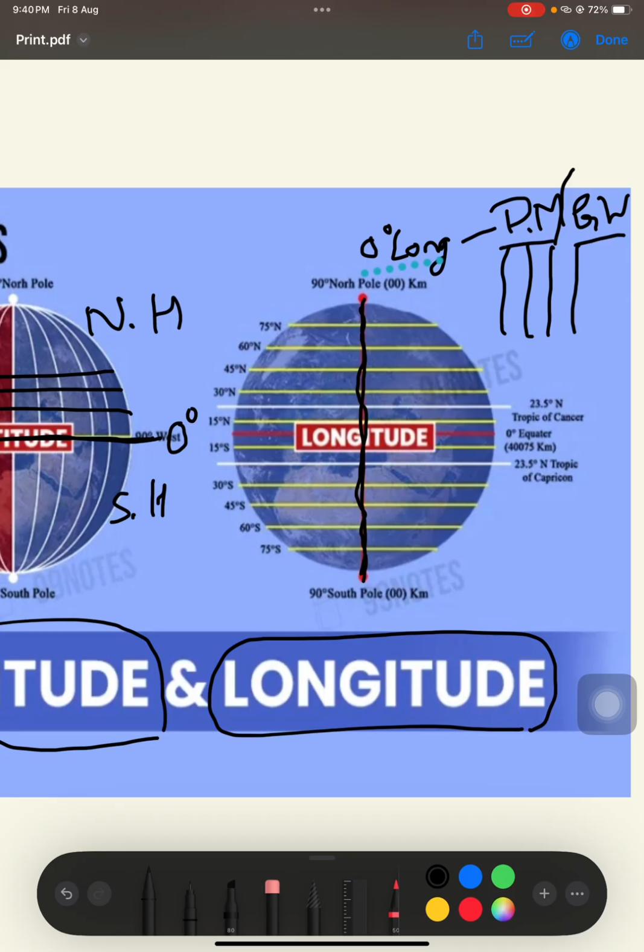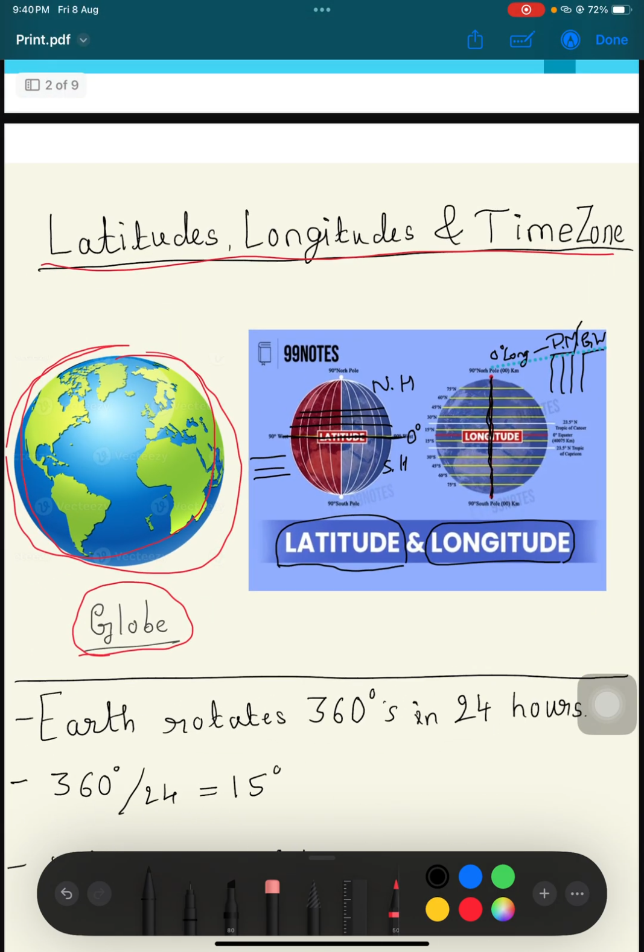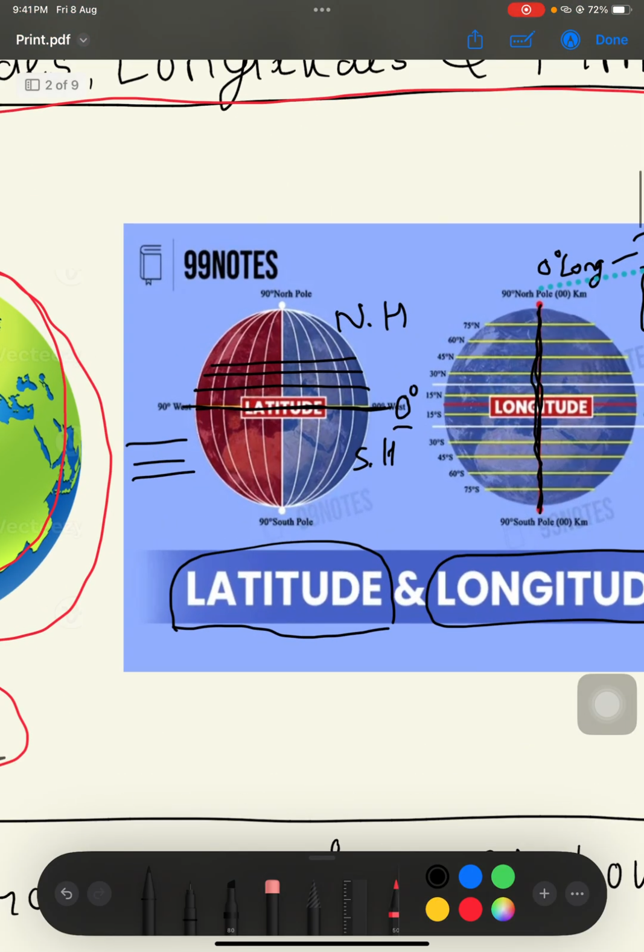Why it is called the Greenwich meridian is that this line passes through a city called Greenwich. That's why it is called the Greenwich meridian. Understood about 0 degree latitude and 0 degree longitude? And 0 degree latitude is called the equator.